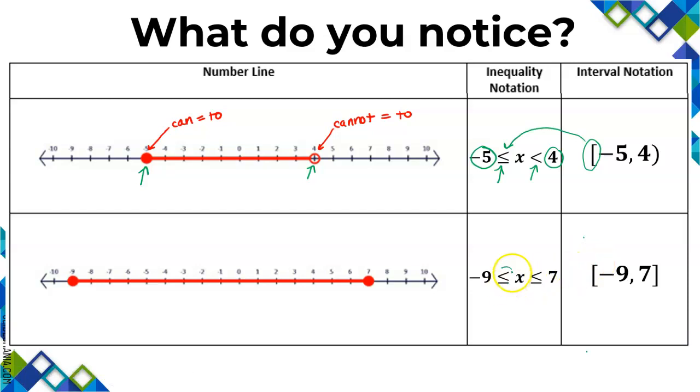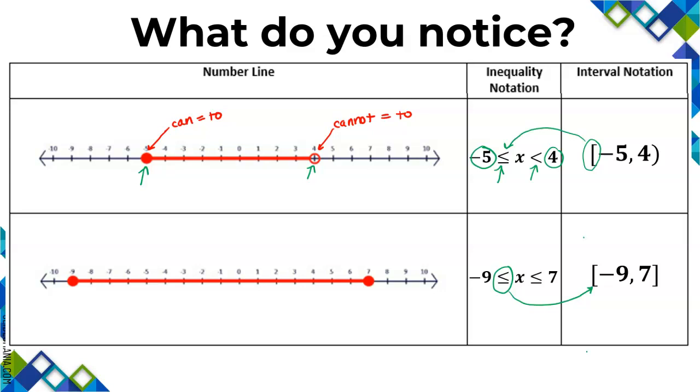Similar to this one, we had a less than or equal to line next to -5, and we have a bracket there. That bracket is just representing that we could equal that number. And then it has to be between those two values. So it has to be between -5 and +4. Okay, so it's a really slick way of writing it because you only need to know those two values and you don't have to worry about those alligator symbols.